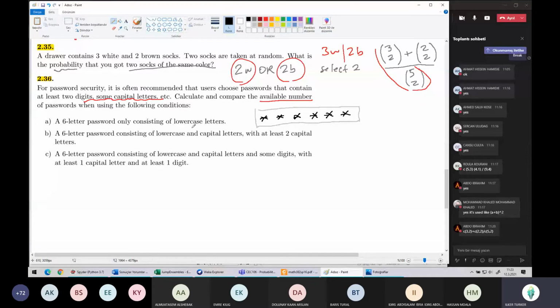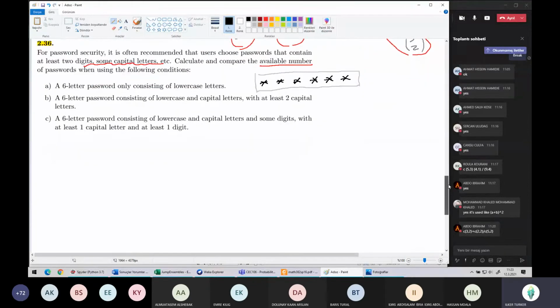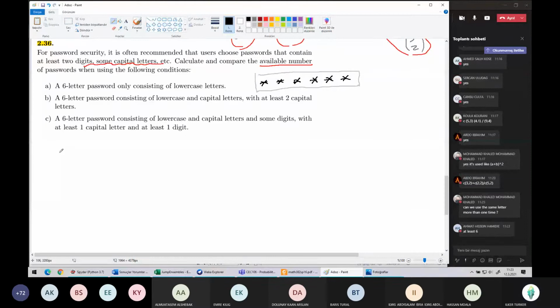In how many ways? Here I have to give you some hints. In the English alphabet, you can use the same letter. For example, you can select a password as A, B, B, B. This is valid for part A.